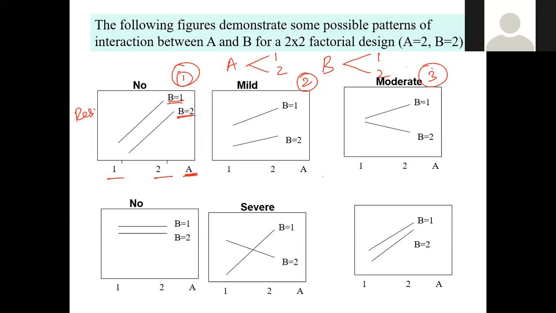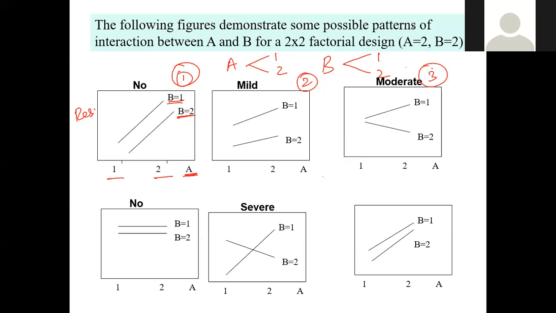And when the lines cross very much, that is called a severe interaction. So it's a very perfect interaction. In a heart attack, we say mild attack, severe attack. You understand the intensity of the attack, isn't it?